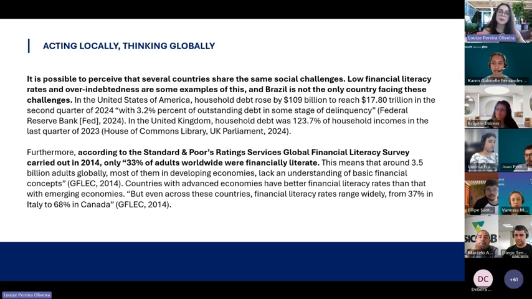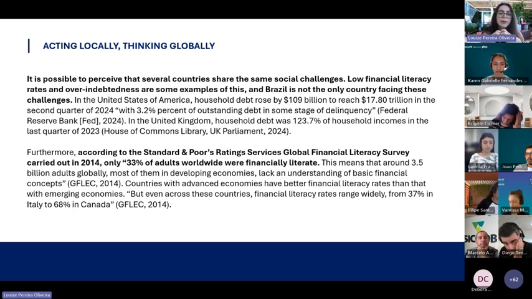So we have problems with over-debt, we have problems with financial behavior, and we have problems with financial literacy or financial knowledge. For example, I saw this research that says only 33% of the adults worldwide were financially literate, and this is a concern for the world and for all countries.